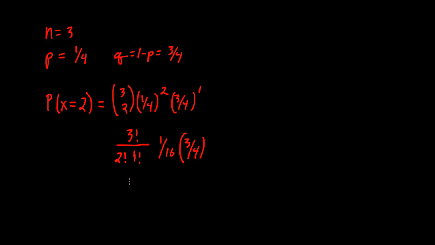So we're just going to get 3 times 1/16 times 3/4, which is going to be equal to 9/64, or approximately 0.14. So that's our probability of getting 2 successes in 3 trials when the probability of success is 1/4.